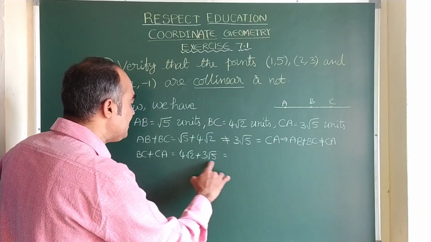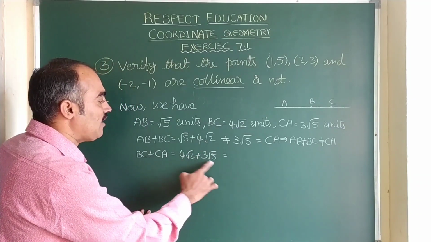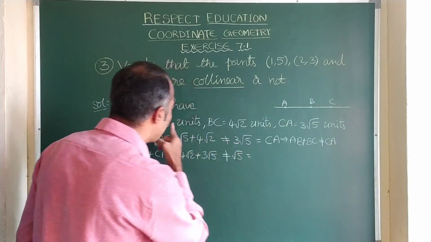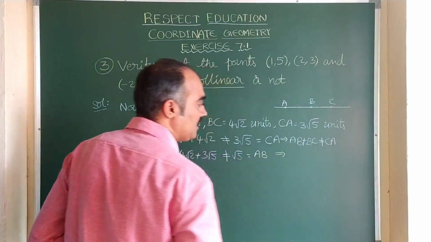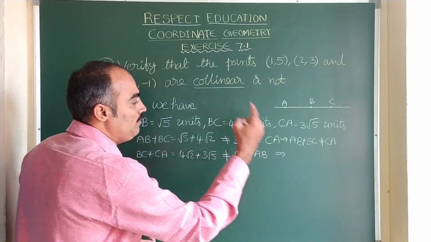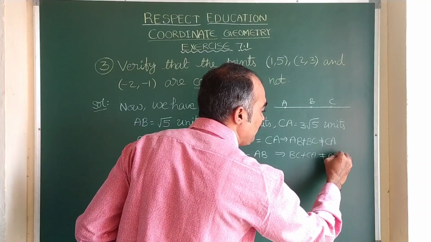However you add 4 root 2 plus 3 root 5, this cannot be equal to root 5. That root 5 is nothing but AB. That means BC plus CA is not equal to AB.